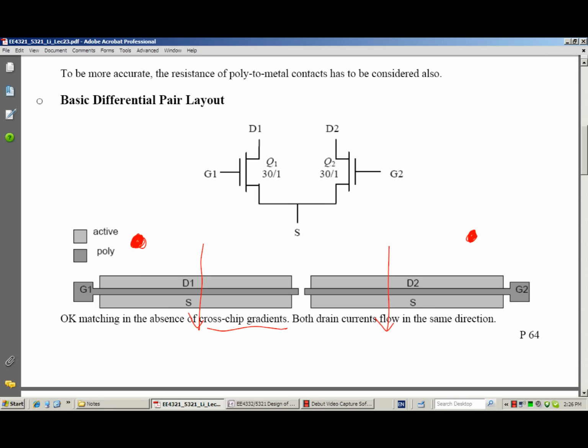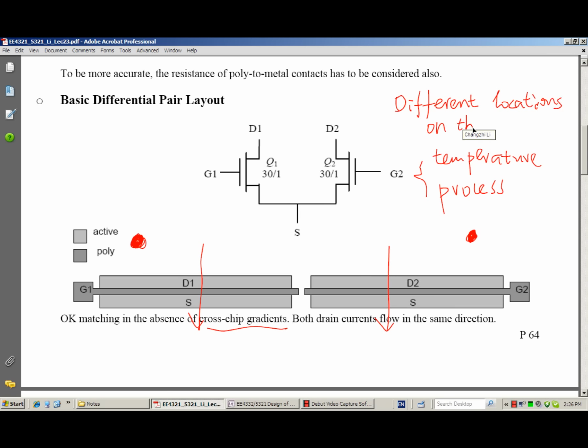So cross-chip gradients describe the variation of the temperature and the process at different locations on the wafer.